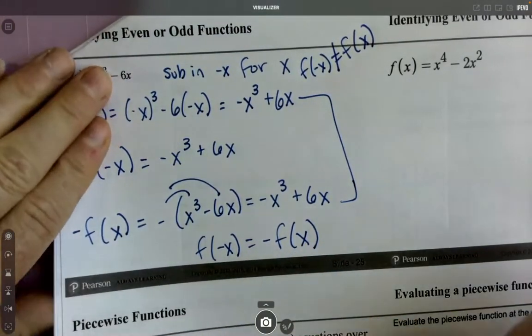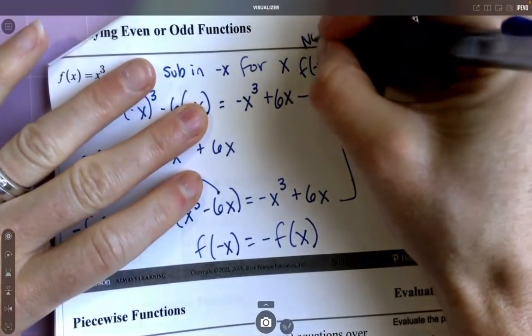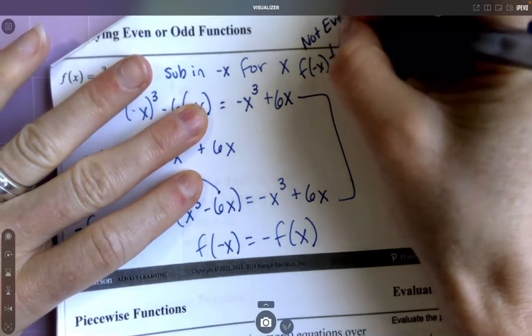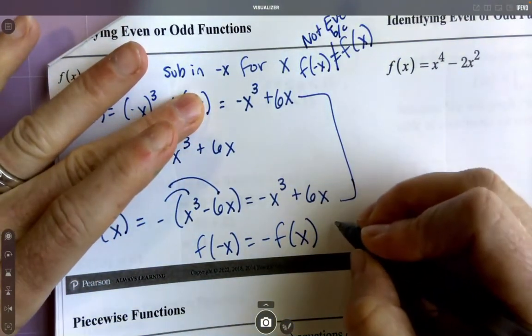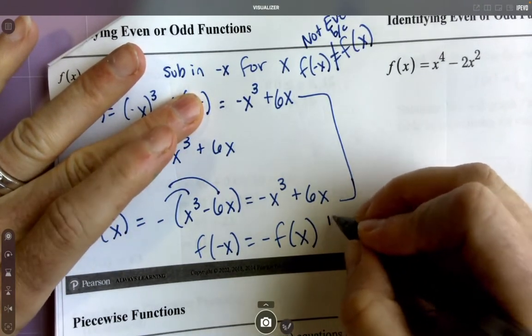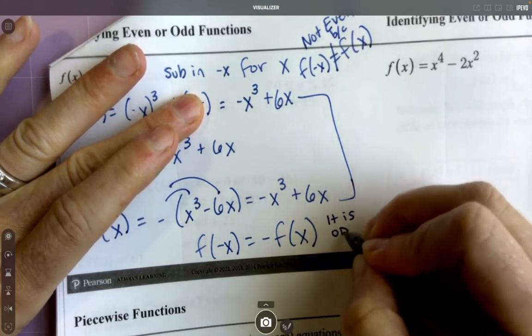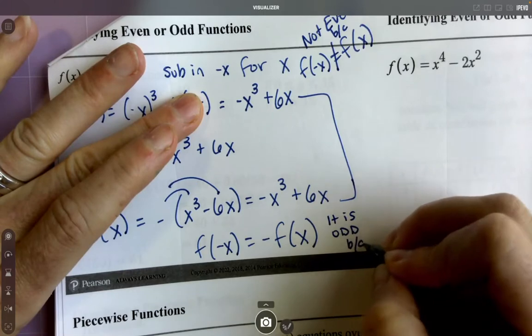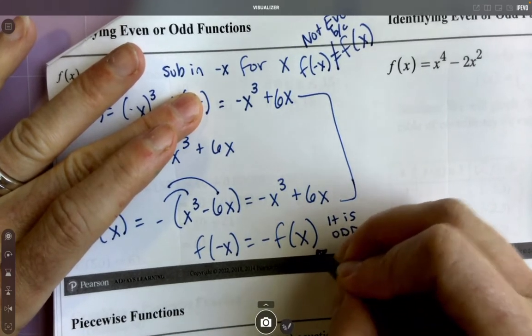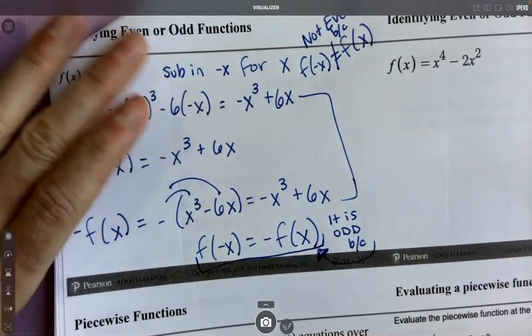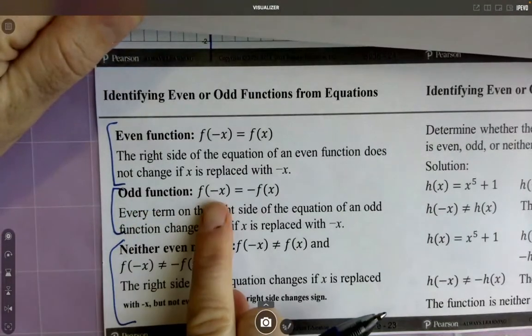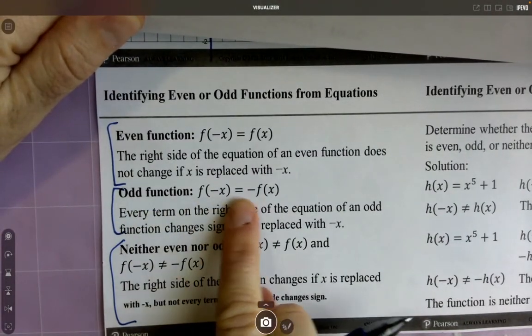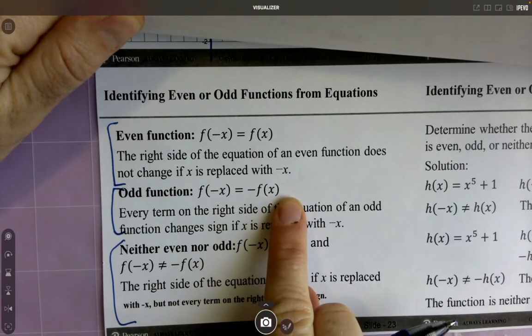So it wasn't even, but it is odd because of this. And that came from here: f of negative x equals negative f of x.